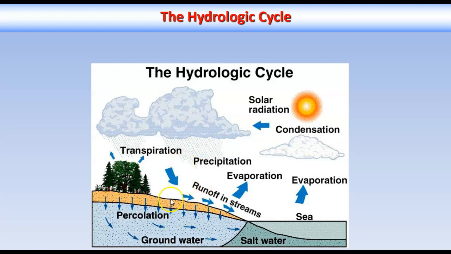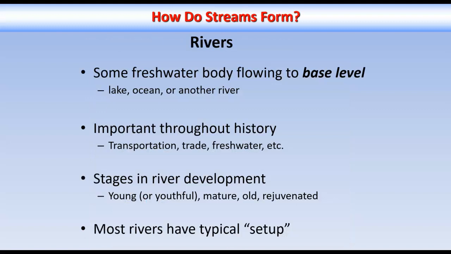Once it hits the ground, it does two things. It's either going to run along the surface or sink into the ground. If it sinks into the ground, that's our groundwater. As it runs along the surface, it's going to find streams and rivers and funnel into them, and that allows us to have our streams that flow along the surface. That's the basic idea of the hydrologic cycle.